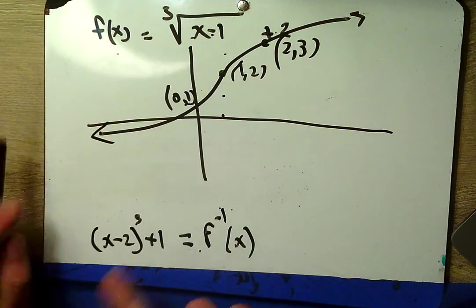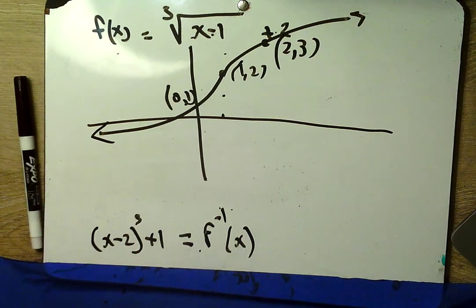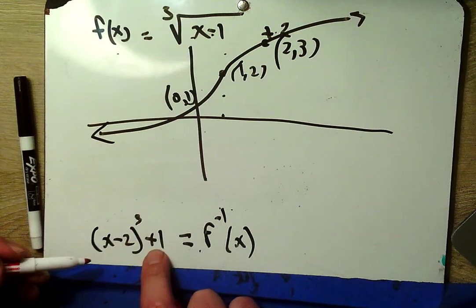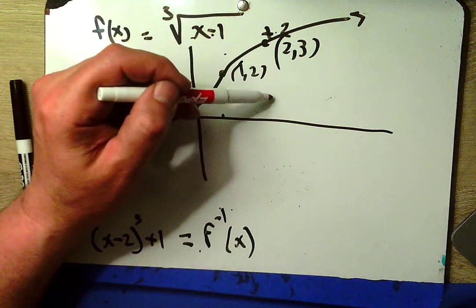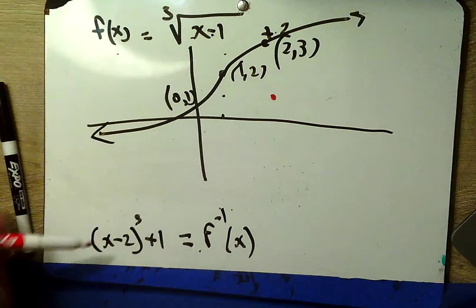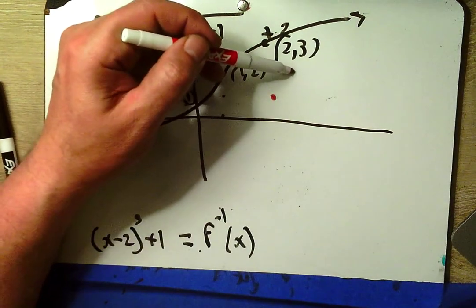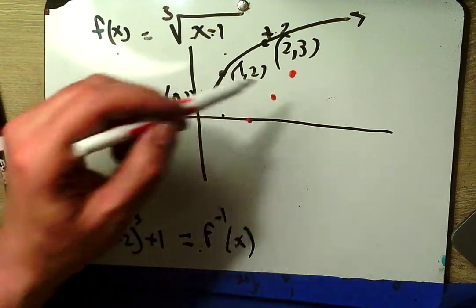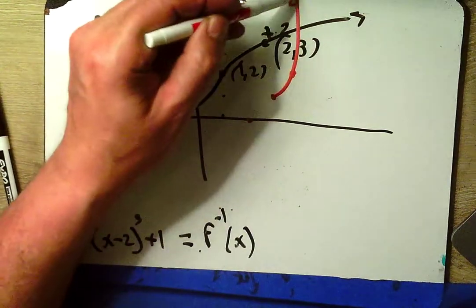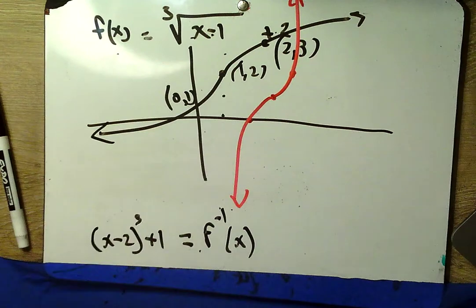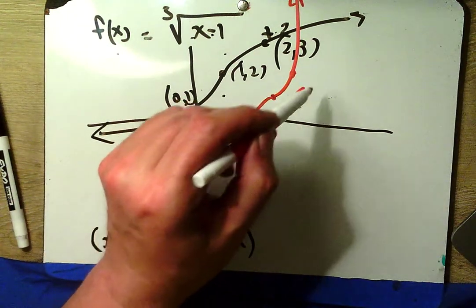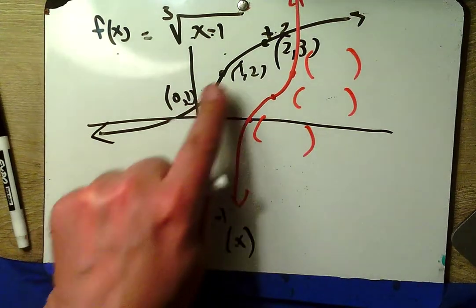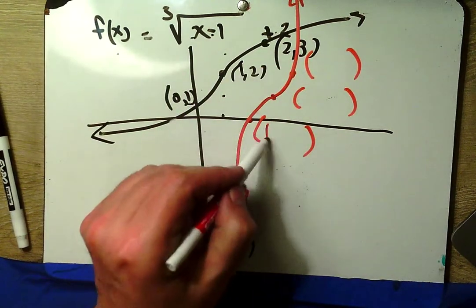What about its inverse, this one? Well, let's think. We're going to take our x to the third function and shift it right 2 and up 1. So I'm going to be at 2, 1, and I'm going to go here, and I'm going to go here. Now, I know that these ordered pairs are in fact these ordered pairs where the x's and y's have switched.